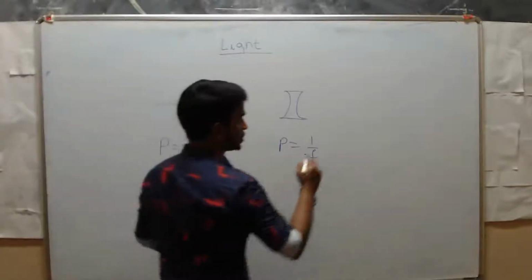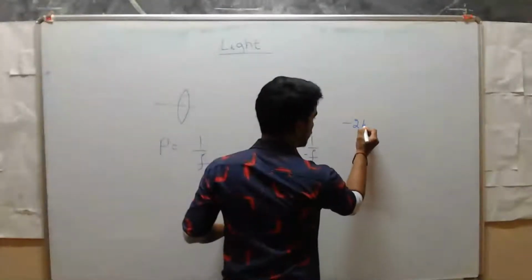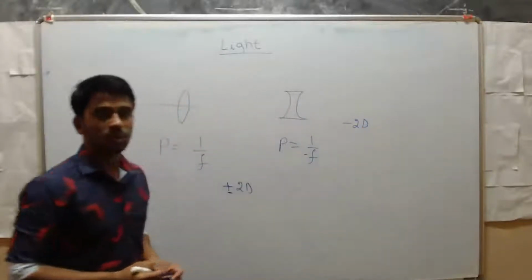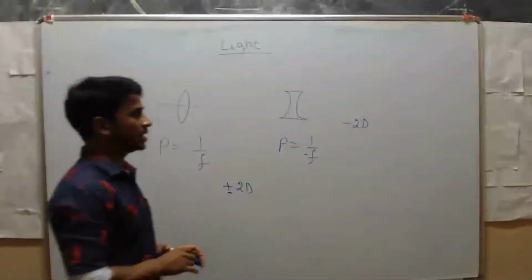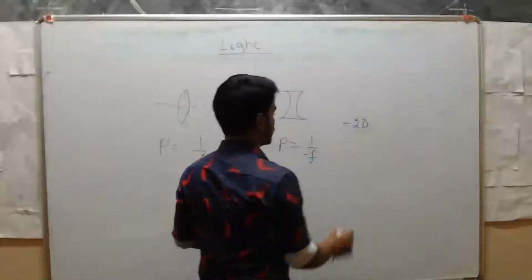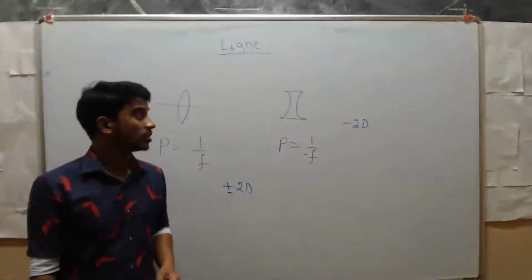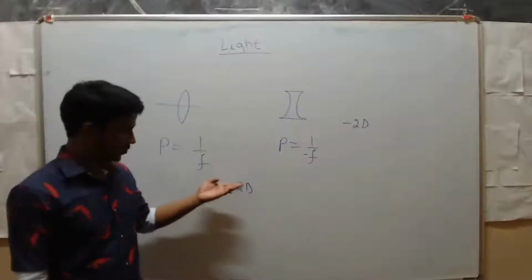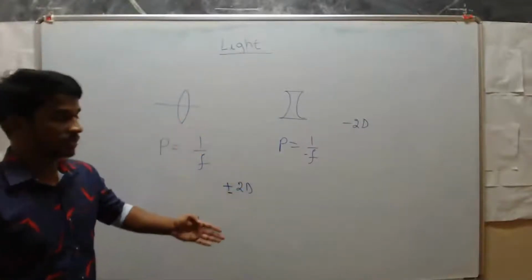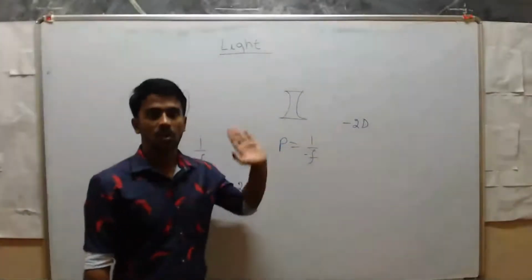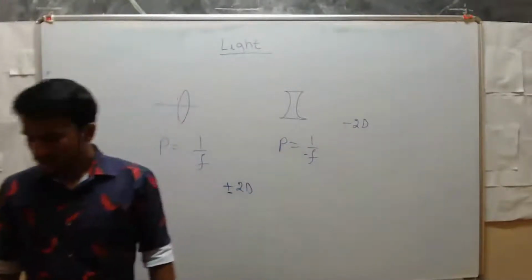Suppose it is minus 2D, then clearly we can say that this minus sign represents the concave lens. If it is positive, then it is convex. If it is negative, then it is concave.